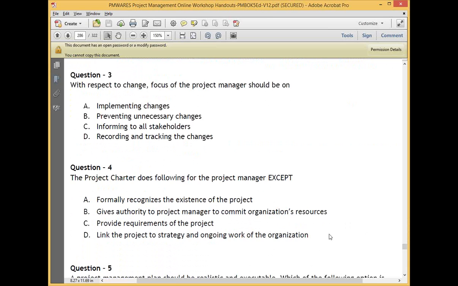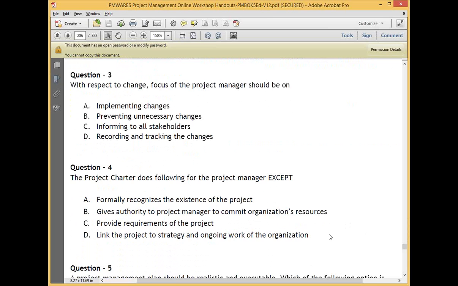Implementing changes can be done, but his focus should not be on implementing changes. Recording and tracking the changes, yes, you can do that, but it will not make any difference. There is no value add by the project manager. Informing all the stakeholders is probably fine, but how will it help the project? Only B is the action which can help the project, because the project will remain in good health if we can prevent unnecessary changes. How do you find unnecessary changes?